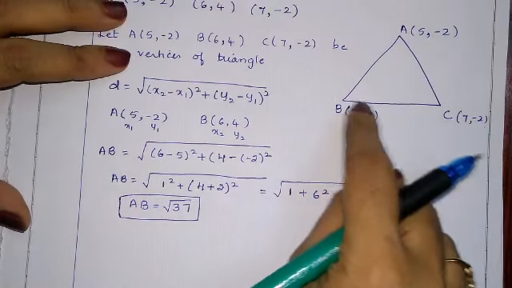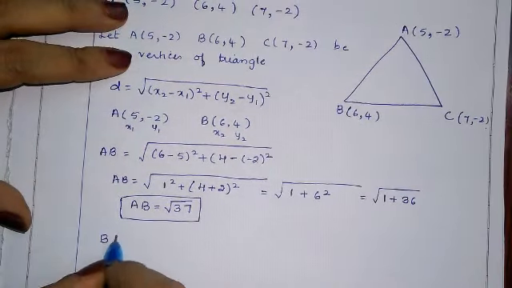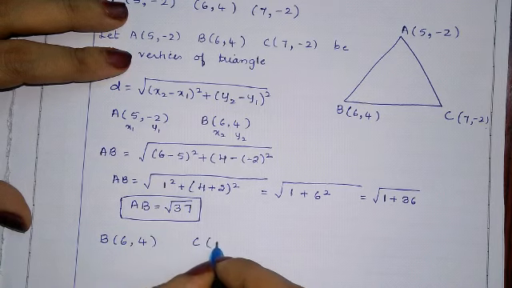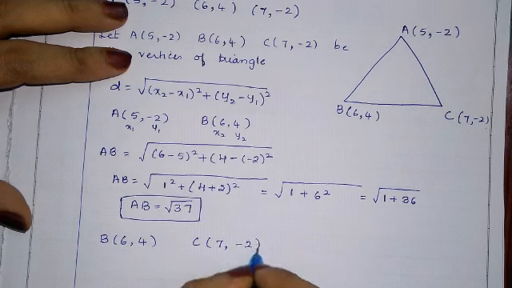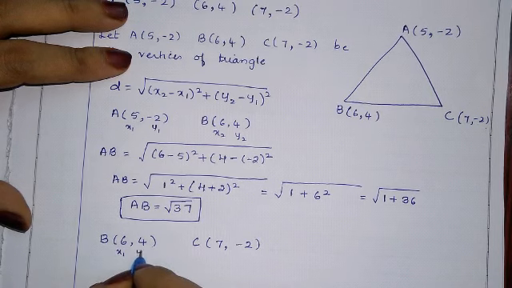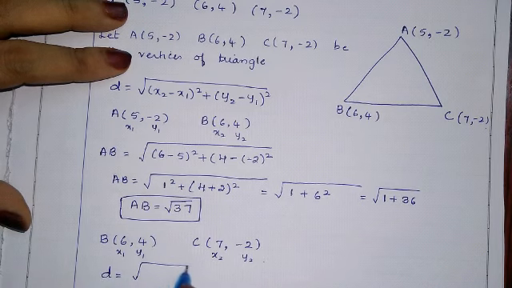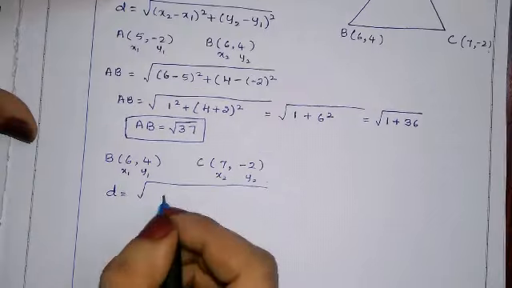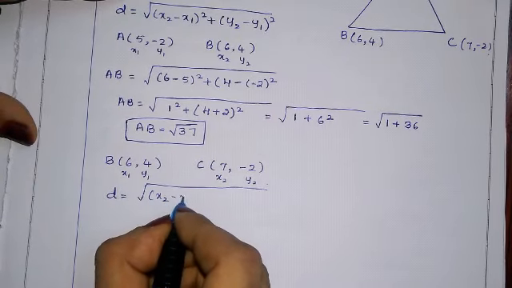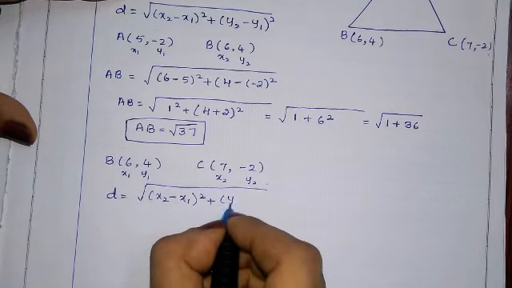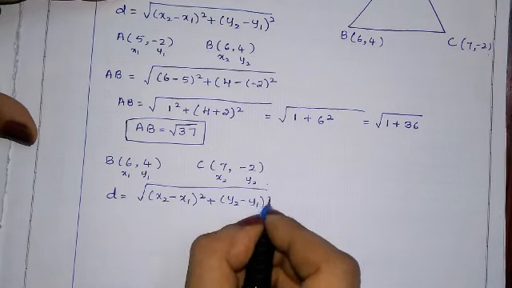Let us find the BC distance now. B is (6, 4) and C is (7, minus 2). The formula is D equal to root of (x2 minus x1) whole square plus (y2 minus y1) whole square.